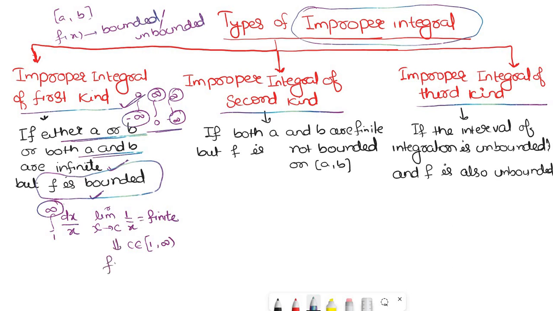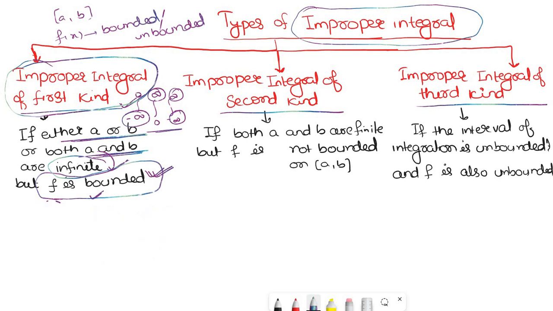It means f(x) is bounded here. So in the improper integral of first kind, either of a or b, or both a and b, is infinite, but the function is bounded. It is important here that the function should be bounded.